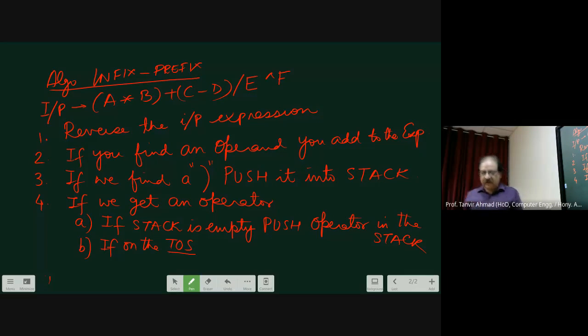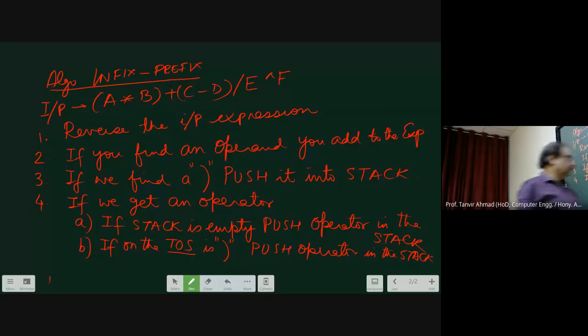If on top of the stack you find a closing parenthesis, then you have to push the operator in the stack. That means the top of the stack has a thing after which you push the operator in the stack.